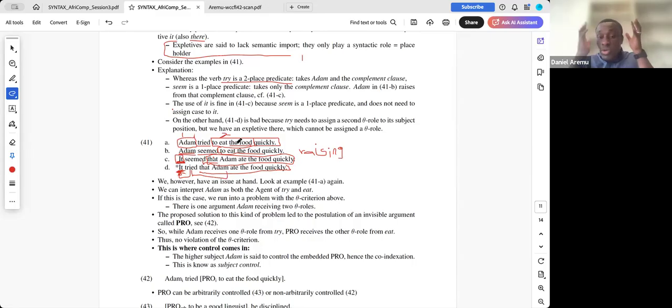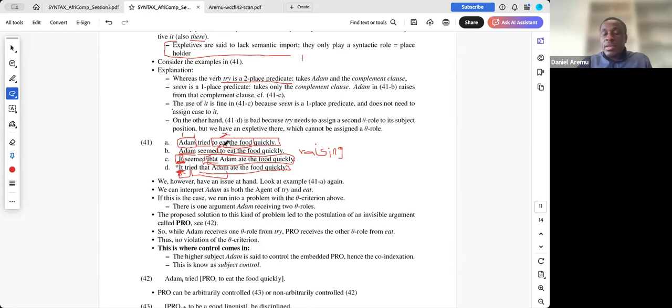It's a clause on its own, but it's non-finite. And because it's a clause on its own, there is already a non-finite verb, to eat, where the food is the argument to the verb to eat. So we have two verbs here, try and to eat, right?